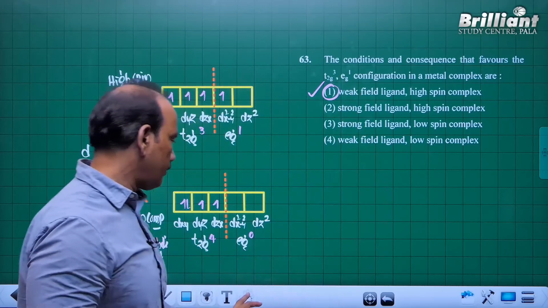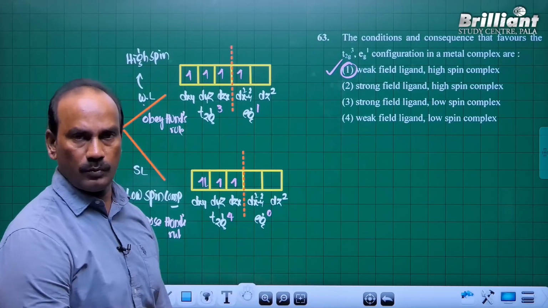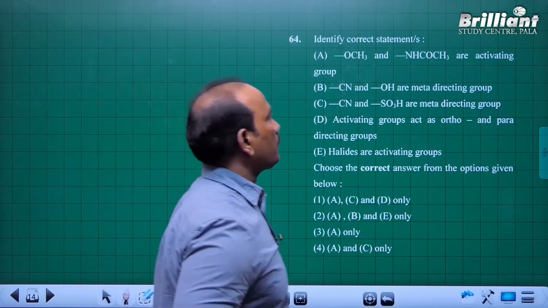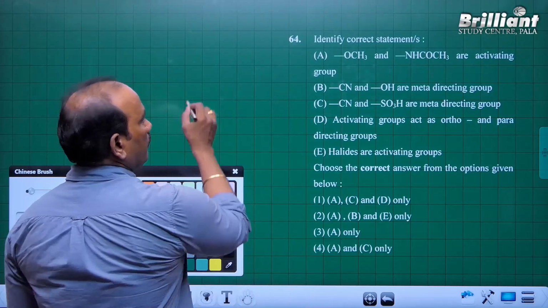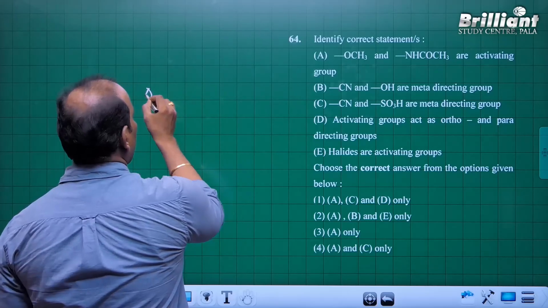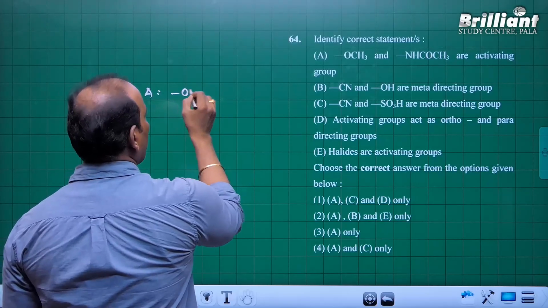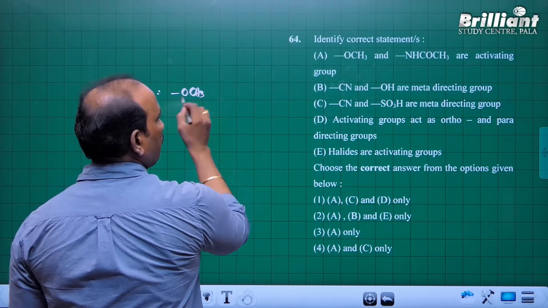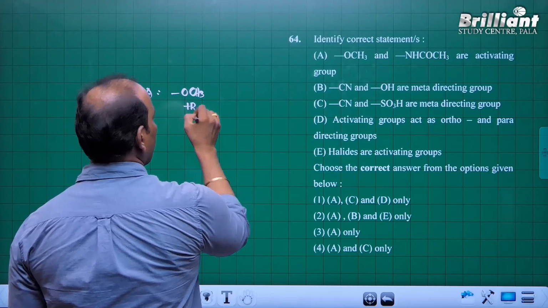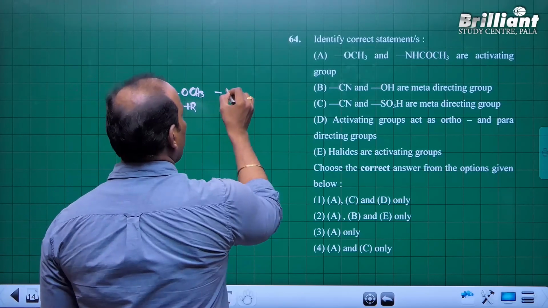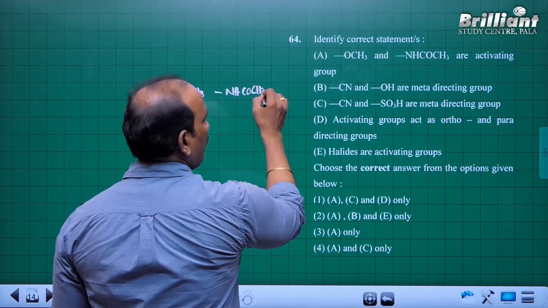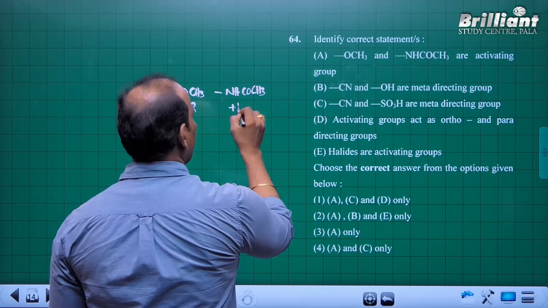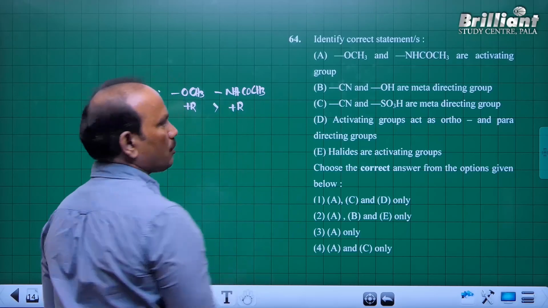Clear? This is okay. Now identify the correct statements. Then OCH3, here A. OCH3 is plus R, okay na, and NHCOCH3 also plus R, but compared to this one it is strong.